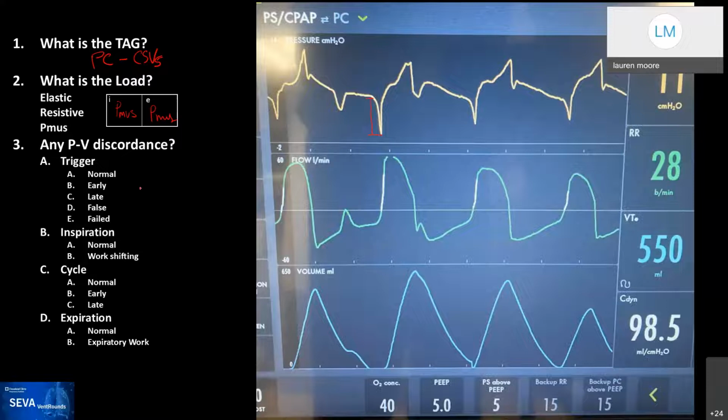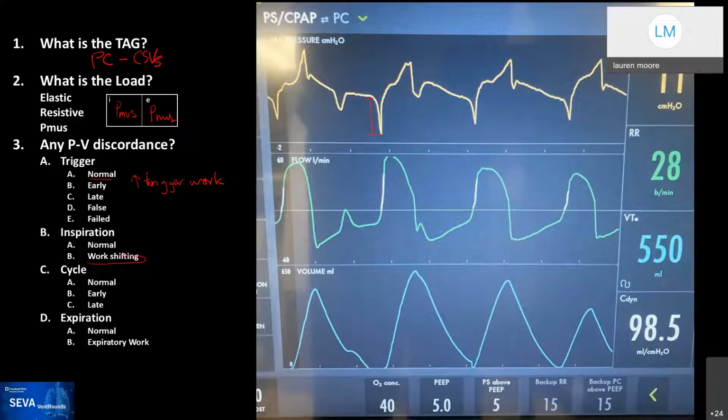So I'm going to say that the trigger is appropriate for the most part, acknowledging that the patient is sucking very hard to trigger the breath. And then in terms of inspiration, there's work shifting. Well, is there? Let me see. What's the peak pressure there? I mean, there's evidence of work. So I'm going to say maybe some work shifting.